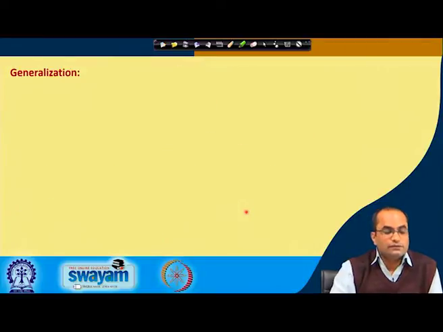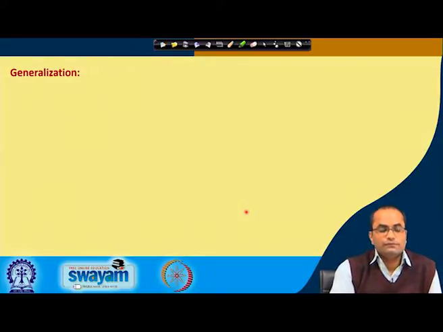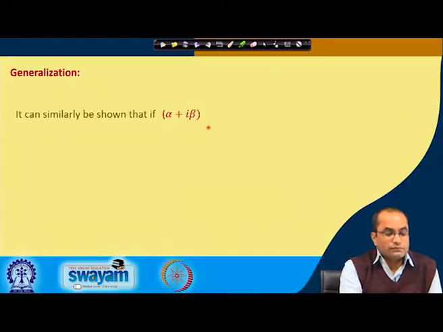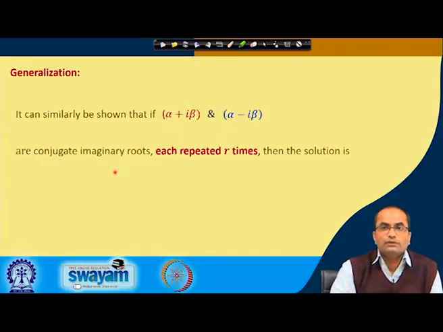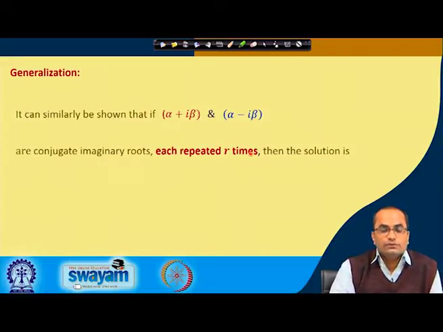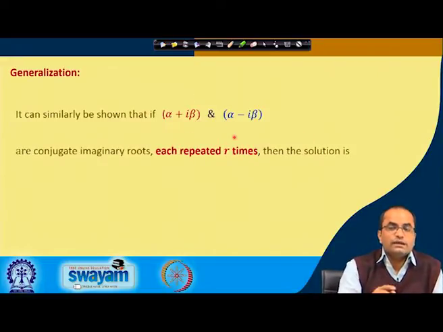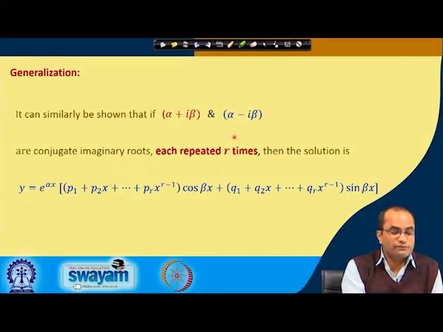Next, we will consider the generalization of this one: when alpha plus i beta and alpha minus i beta are the conjugate imaginary roots, and they are repeated r times. In that case, what would be the solution? So, these conjugates are repeated r times now. Again the same idea that we discussed for the real roots will be applicable.